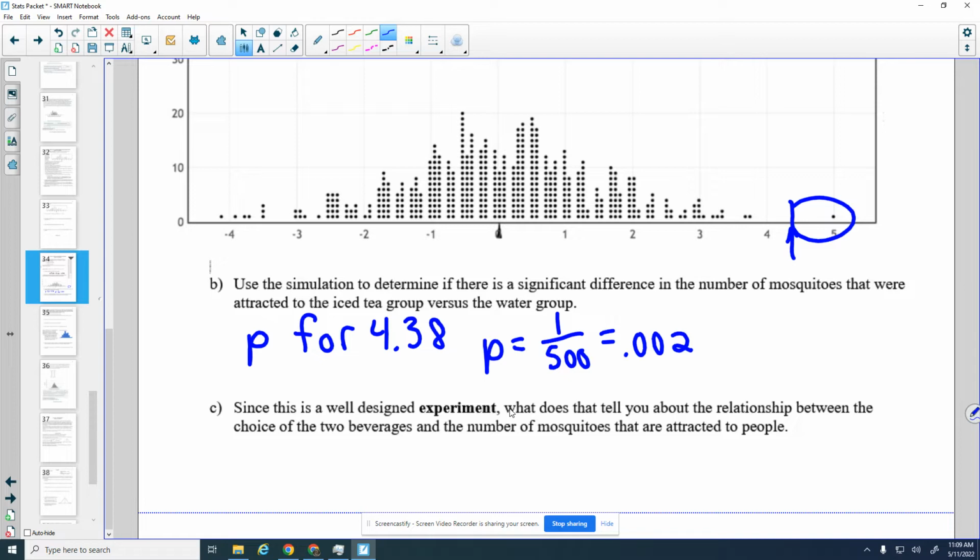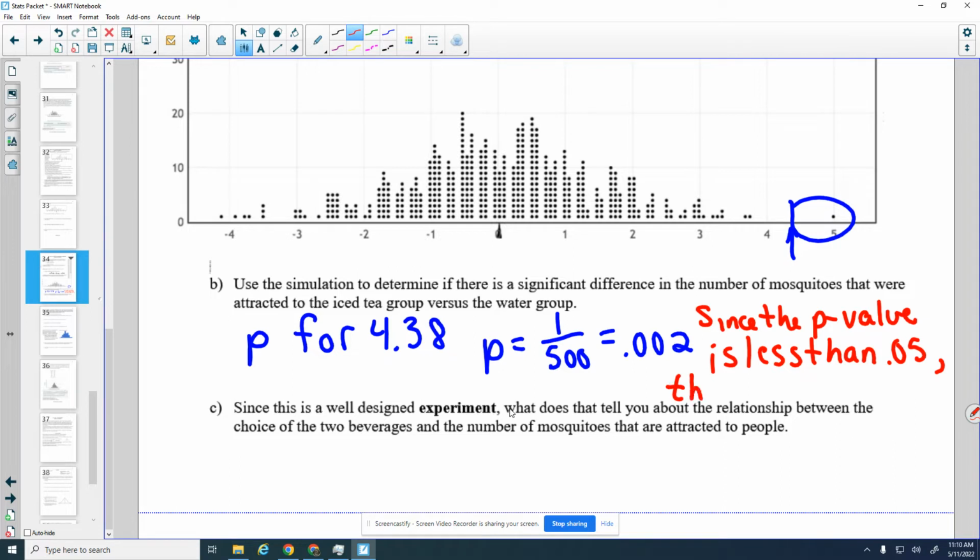So we can say that since the p-value is less than 0.05, so there's less than a 5% chance that my 4.38 difference happened by random chance, there is a statistically, I'm going to abbreviate this so I have room, significant difference between the groups.